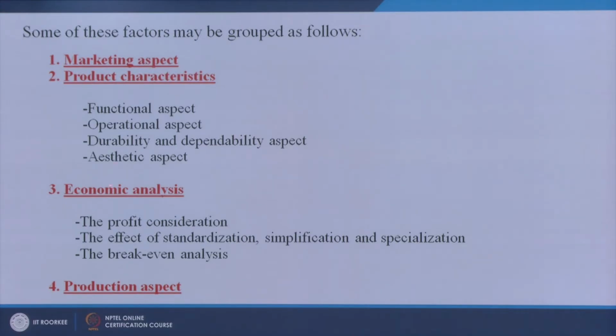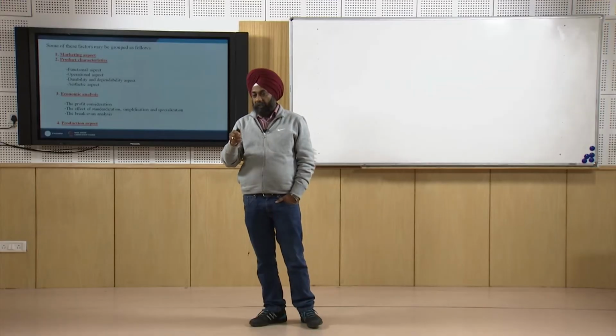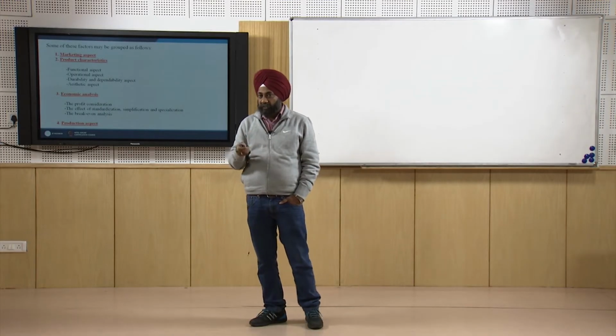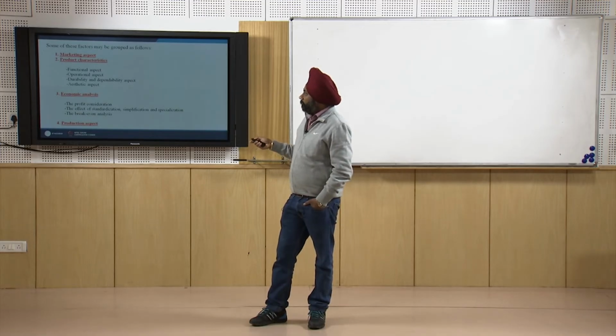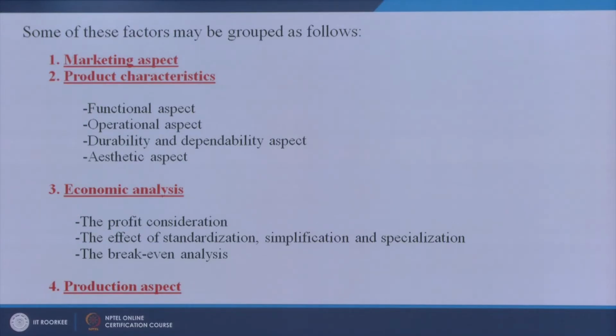In economic analysis we will see the profit consideration, the effect of standardization, simplification and specialization, the break-even analysis, and the production aspect. So majorly the red color points give the 4 major aspects that need to be studied related to the product analysis. Again I am reading: marketing aspects, product characteristics, economic analysis, and the production aspect.